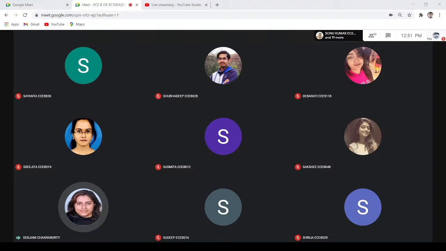The group pressure. Perception of a person automatically changes when he finds that others do not share his beliefs, attitudes, or perception. That is something very important, group pressure. The third factor influencing perception is that the perception of a person automatically changes when he finds that others do not share his beliefs, attitudes, or his own perception.